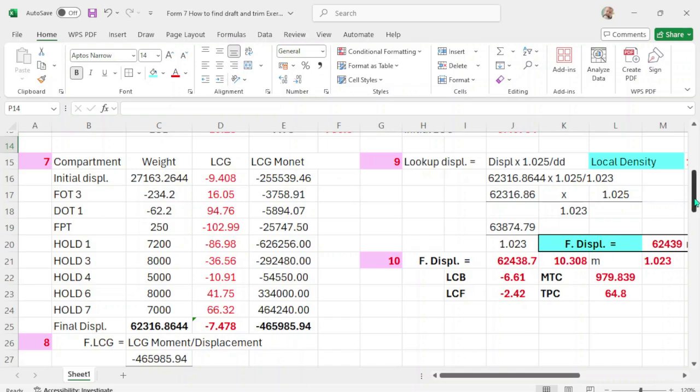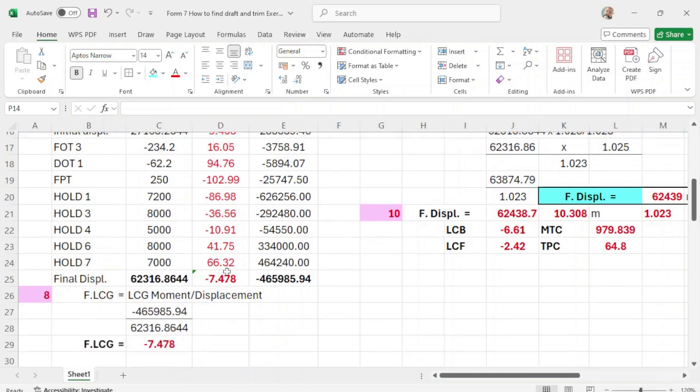Now, to get the final LCG, take the LCG moment, which is 469.8594, and divide by your displacement, 62316.8644, and the resultant or final LCG is negative 7478. Okay, so this is your final LCG.